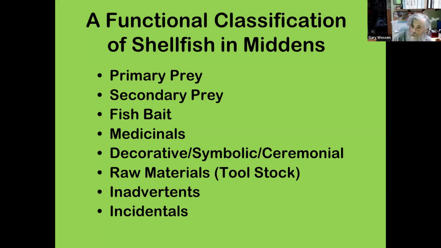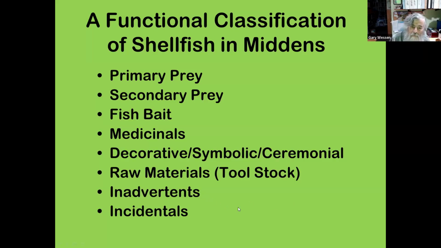All of those things are a class unto themselves. Then raw materials, tool stock. The raw materials are almost exclusively in Western Washington either big California mussel shells, from which you can make knives and projectile points and other cutting blades, or large horse clam shells, which were used as bowls or containers. That's pretty much the range of tool stock.